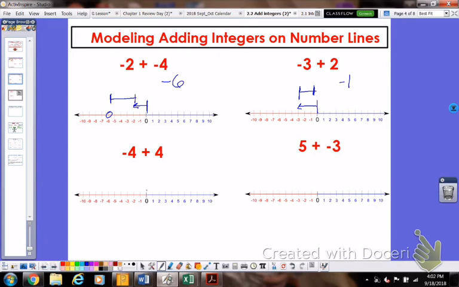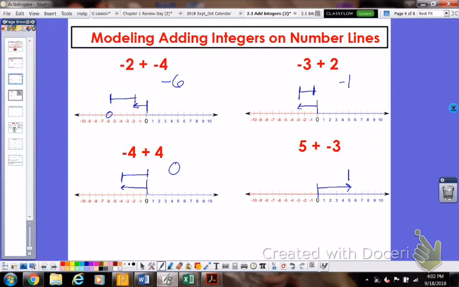For this next one, again start at 0. 4 to the left to represent our negative 4. Then from that negative 4 plus 4, so we're going to go back 4 to the right. Where do we end? We already know we're at 0. And last one, finally starting in a positive direction. So starting at 0, we're going to go 5 to the right.